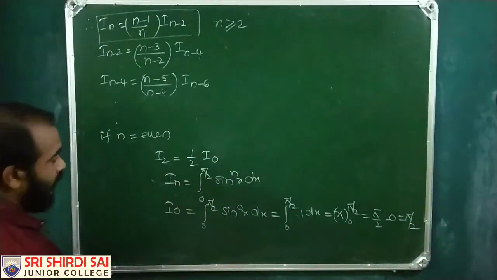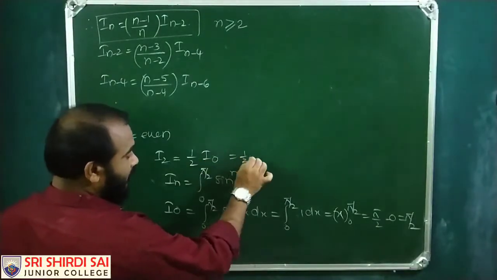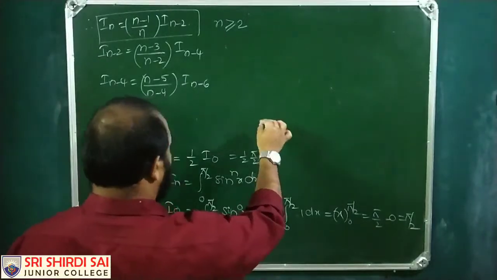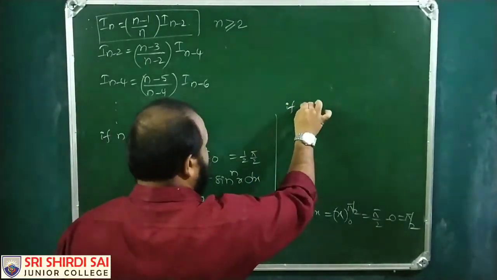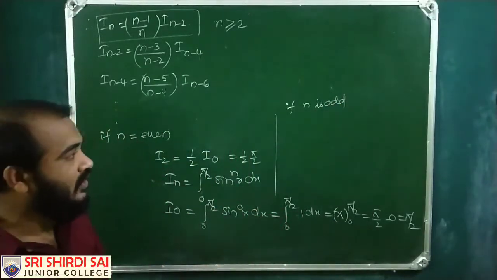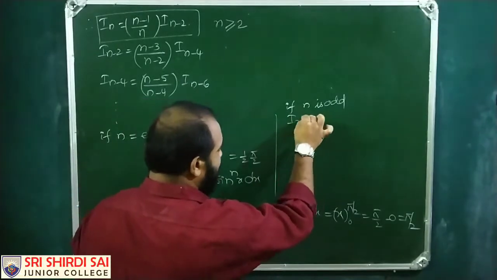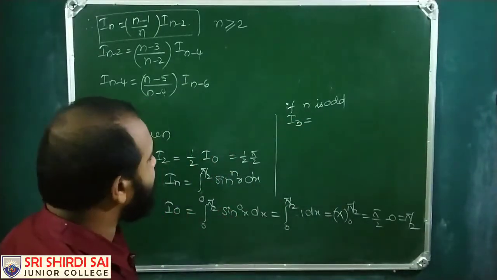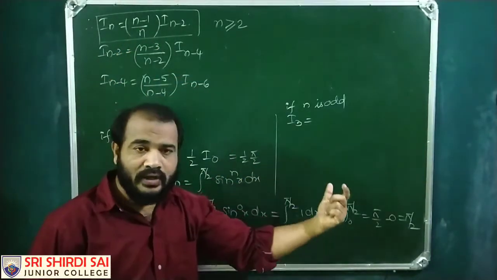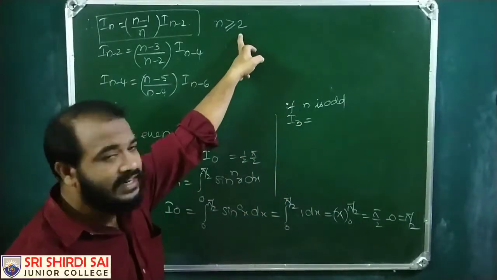So here I2 is 1 by 2 into I0, which is pi by 2. Likewise, if n is odd, it will end up with I1. Before I1, let us see what is I3. I3: substitute 3 in this. Why are we substituting? Because this 3 is greater than 2.